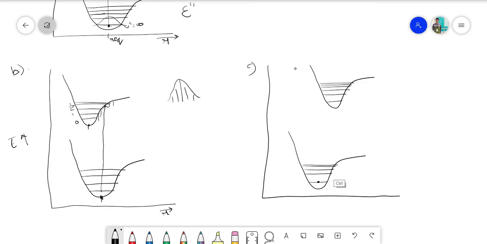Okay, my bad. Drawing lines is difficult.